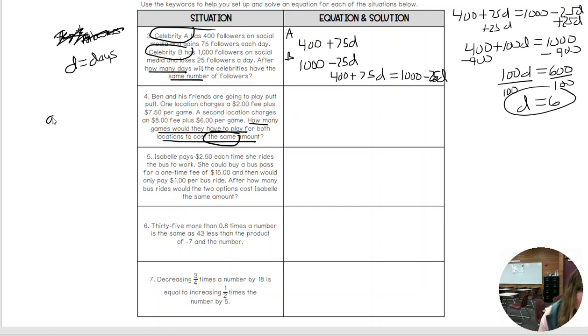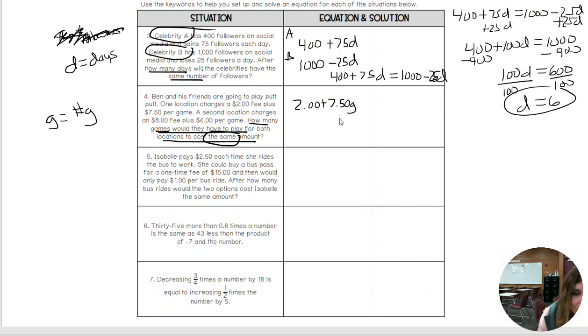So we're going to say G for the number of games, because that's our variable. How many games would they have to play? So Ben and his friends for the first location get charged a $2 fee plus $7.50 per game.